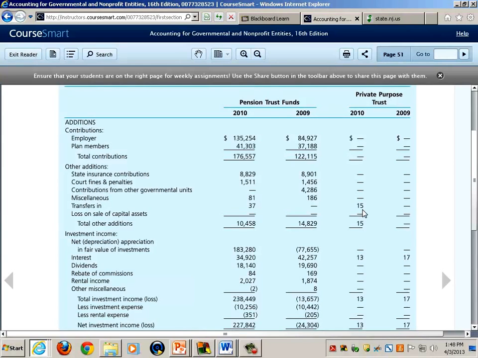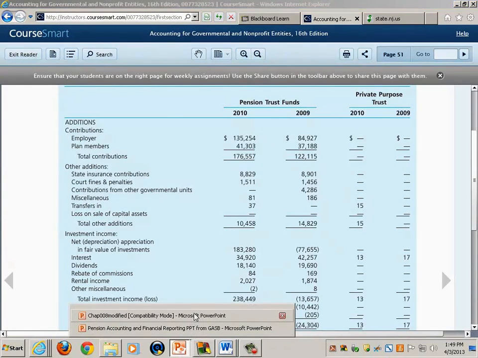What I like to say is sometimes what people do is they figure out if the funds they're dealing with are public purpose or not. Usually, if it's not public purpose, it's not pension, it's not investment, it's not agency, they just throw it into the private purpose trust fund. It's like a process of elimination. Okay. All right. Any questions on this, by the way?